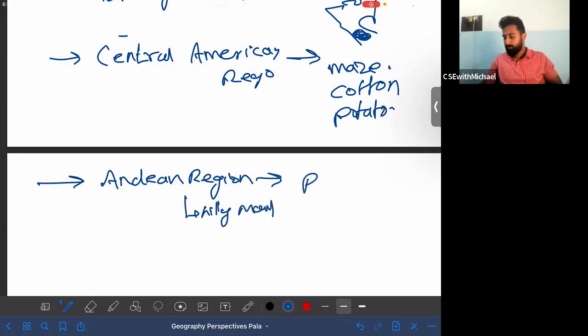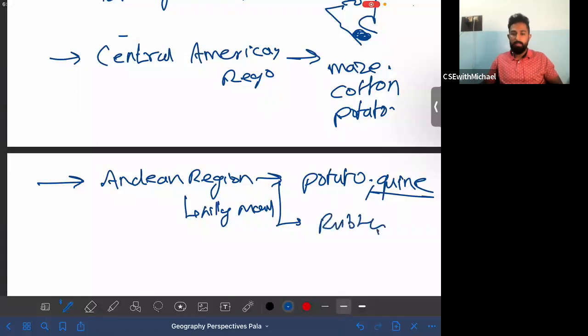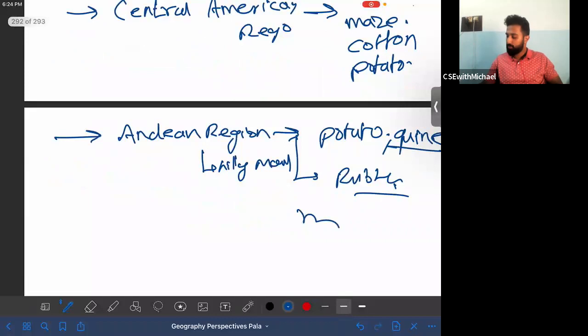Again, these are also regions of potato, quinine, which is something we studied in NCERTs, and tomato has originated in the Central American and Andean regions. Rubber has originated in this region. So if you look here, these would be the zones in which the Andean gene pool centers originated. Several such crops originated from different parts.